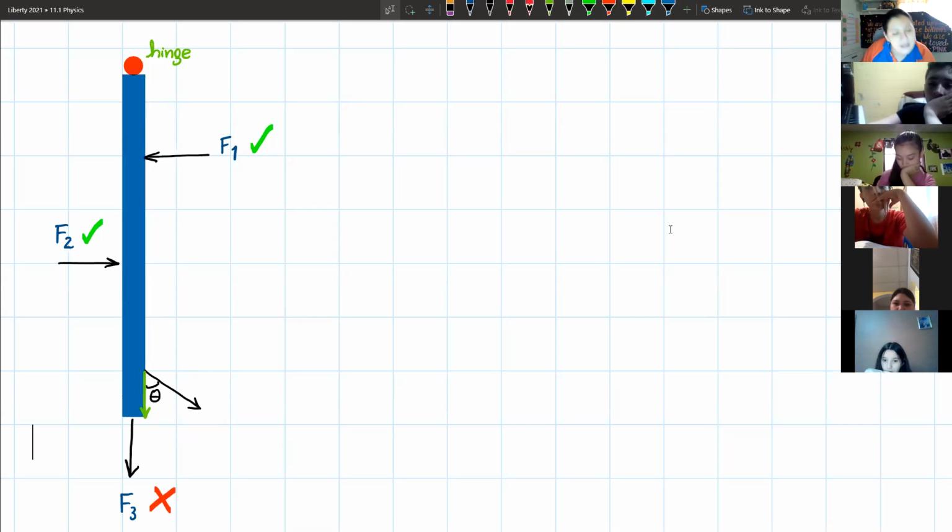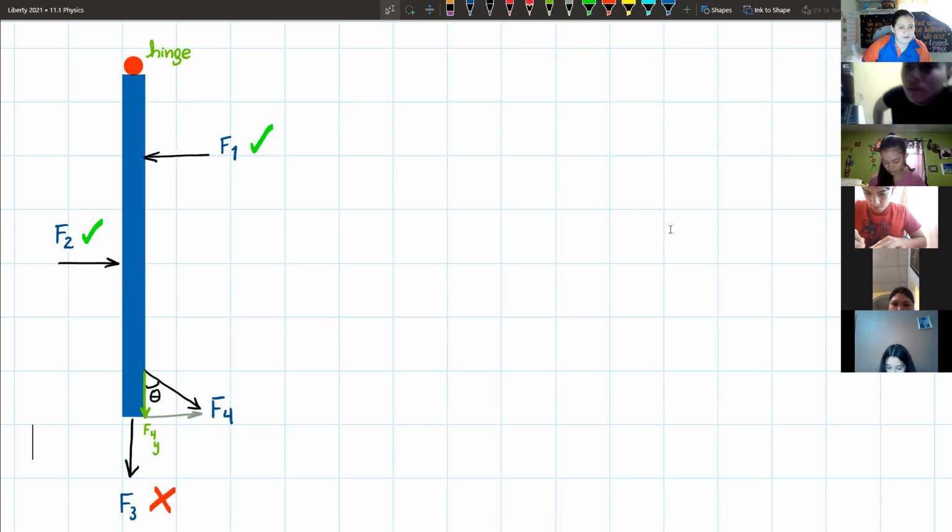Could be component in X or component in Y. In Y. So this, which is the force, I'm going to call this force 4, okay? So this is going to be force 4y, sorry, and then I will do the same for the other component. This force is going down, but also to the right. So I have the components, the one that is going down and the other that is going to the right.